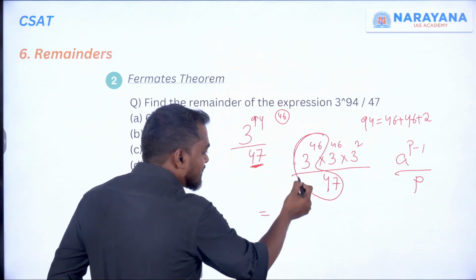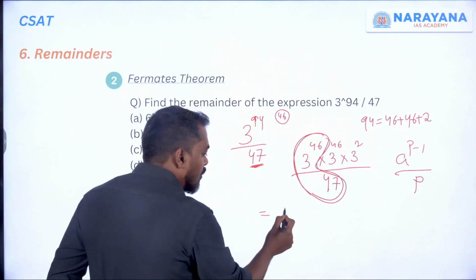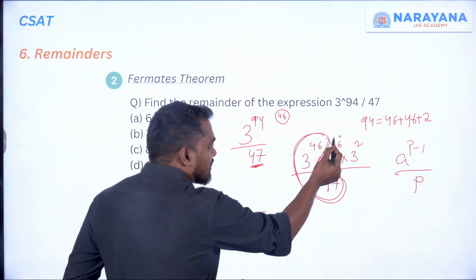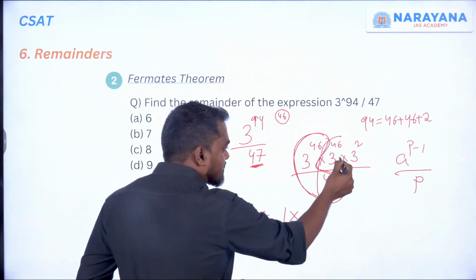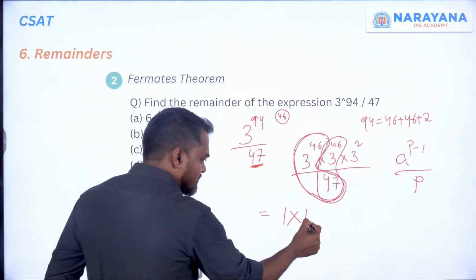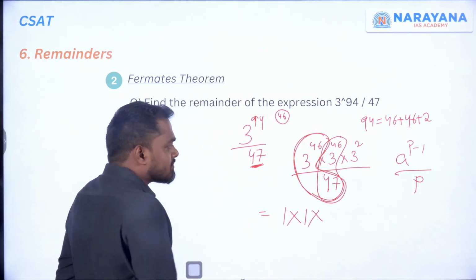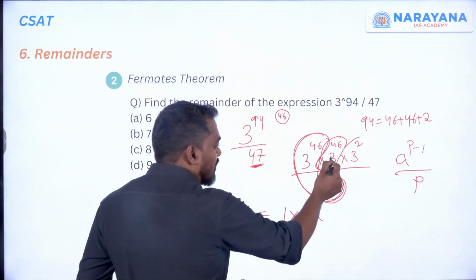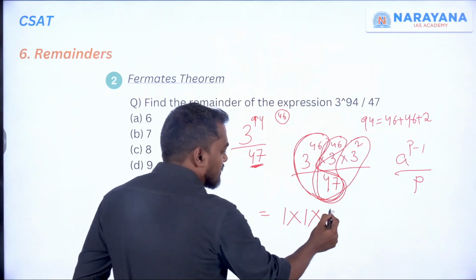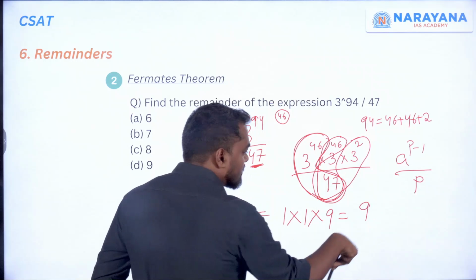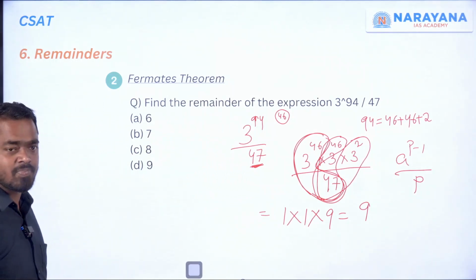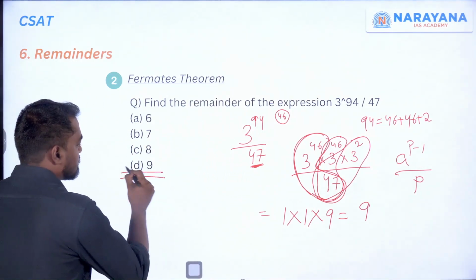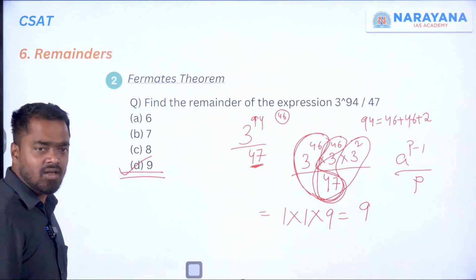So for this expression, what is the remainder? 1. And if you take 3 to the power 46 by 47, the remainder is 1. And what about this one? 3 square is 9. 9 by 47, the remainder is 9. So the total remainder is 9. Understood? Option D is the answer.